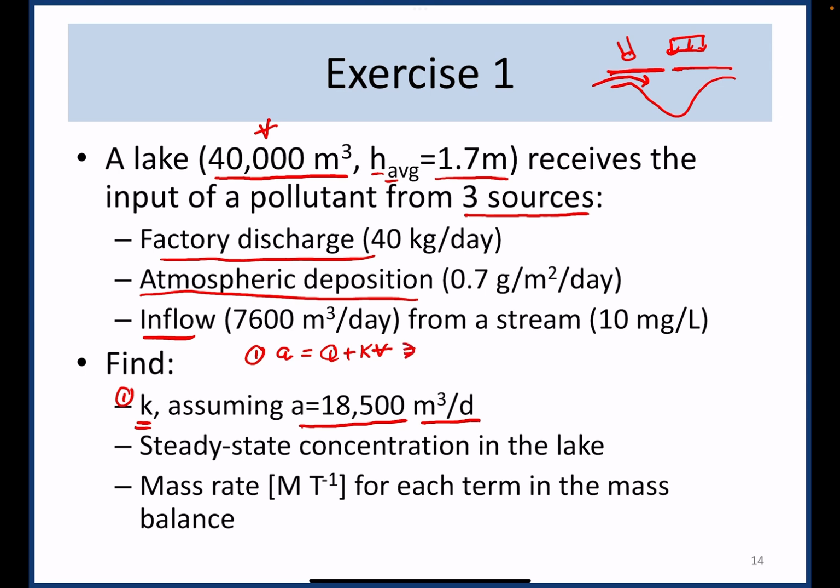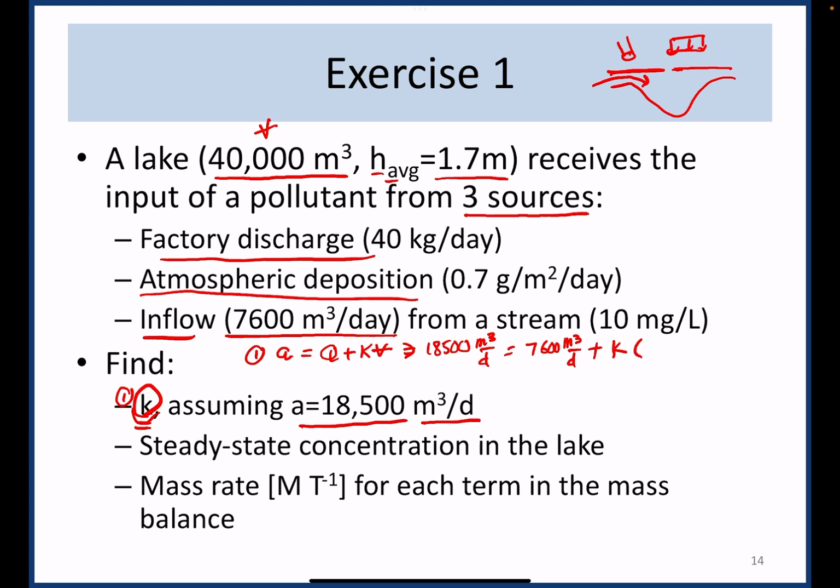You know that A is equal to 18,500 meter cubic per day, which is equal to Q, and Q is 7,600 meter cubic per day, plus K. K is unknown, he wants to find K, times the volume.